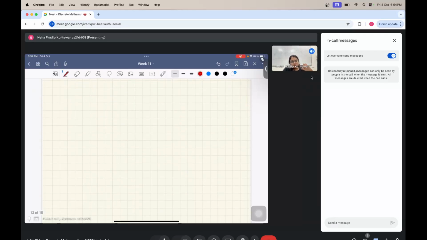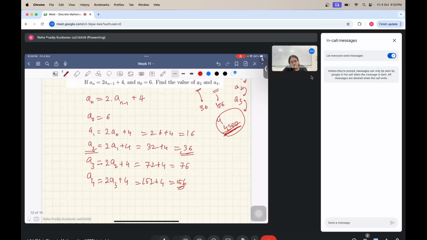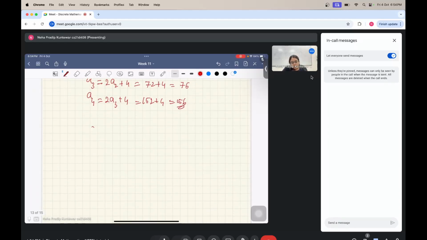One way to get around it is to do what we were doing earlier. This is what you know. Now you substitute further. So this would be 2 times a_(n-2) plus 4, and that would be 2 squared a_(n-2) plus 4 times (2 plus 1).